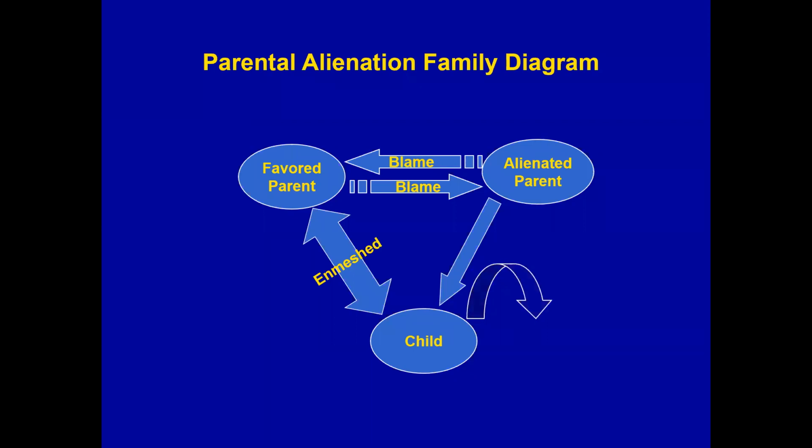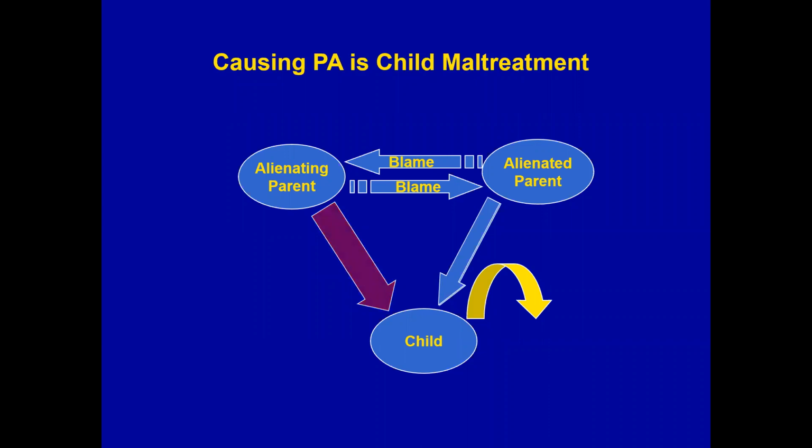This yellow squiggle here is what we call parental alienation. In other words, it's the attitude of the child refusing to see the alienated parent. And this big red line here is what we call alienating behaviors. One parent engages in alienating behaviors, and that causes parental alienation in the child.